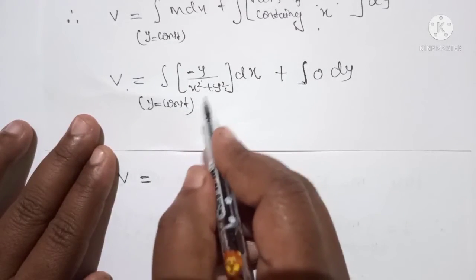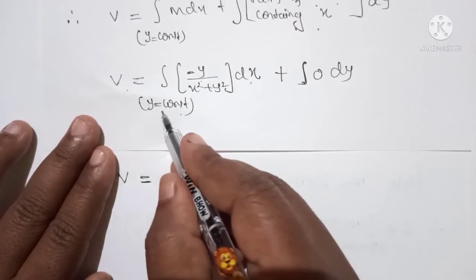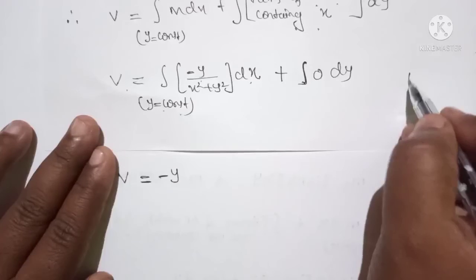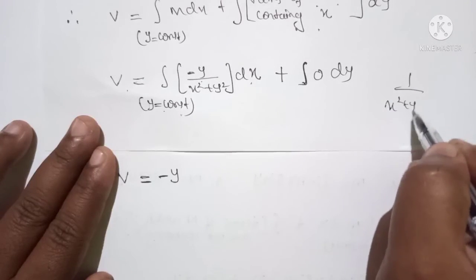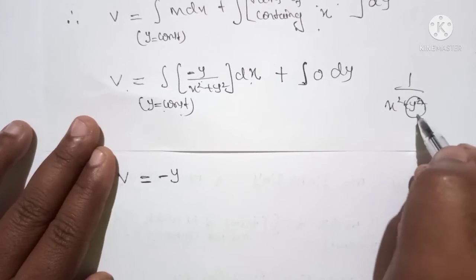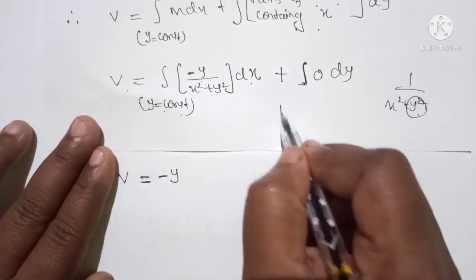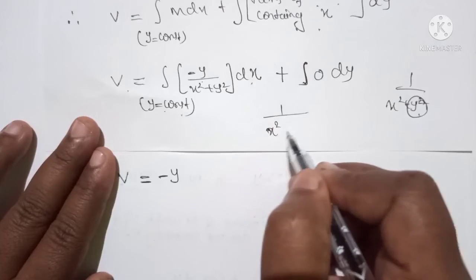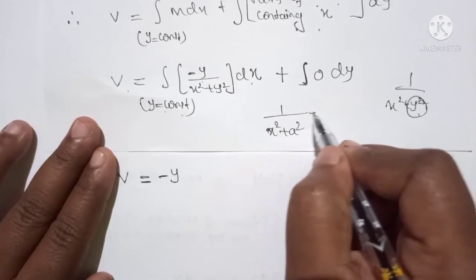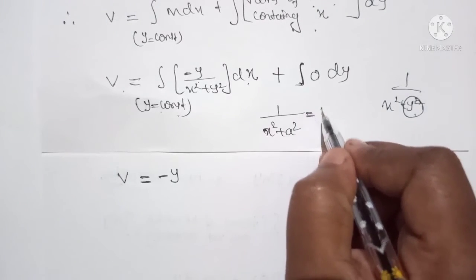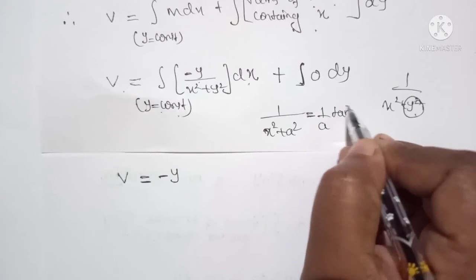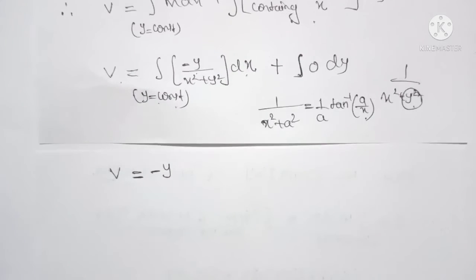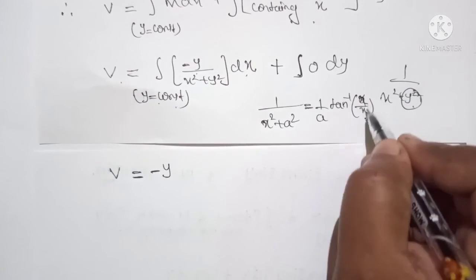Here we have to integrate with respect to x, treating y constant, which means we take y outside. Now it is in the form of 1 by x square plus y square. Here y square is constant, so it takes the form 1 by x square plus a square, which equals 1 by a tan inverse of x by a.